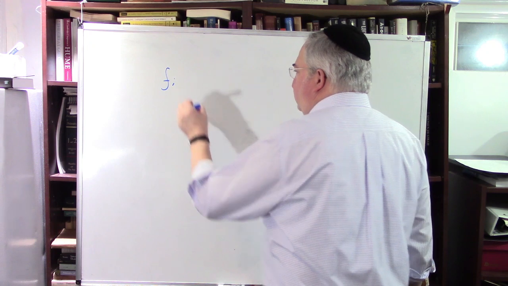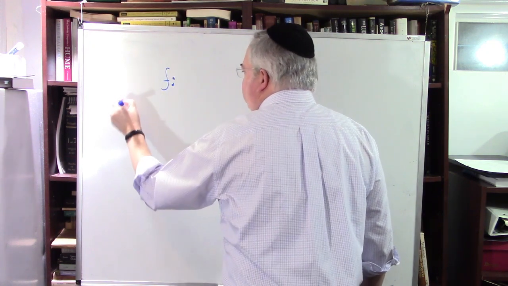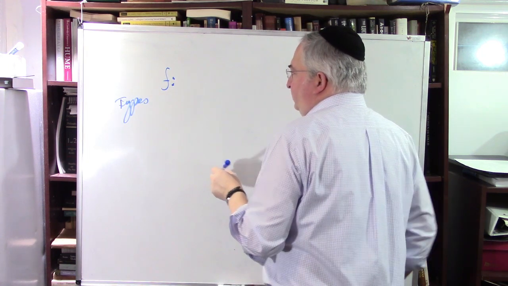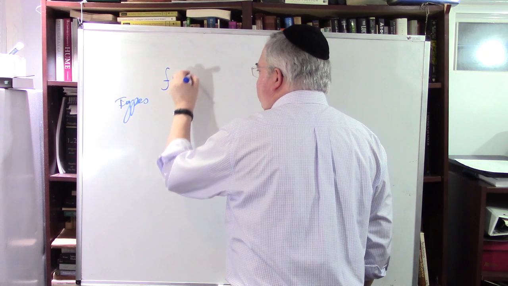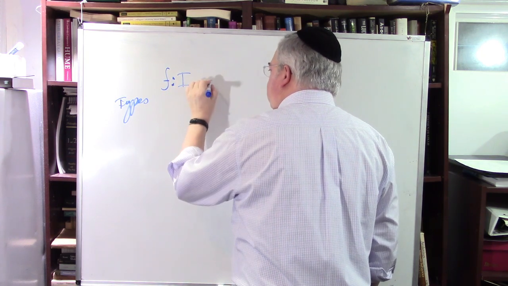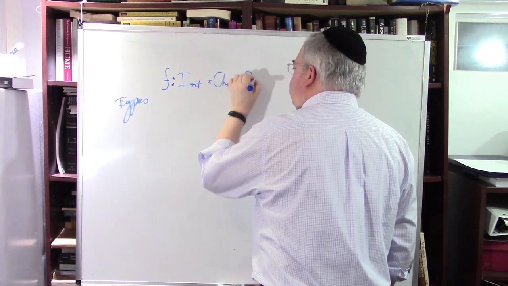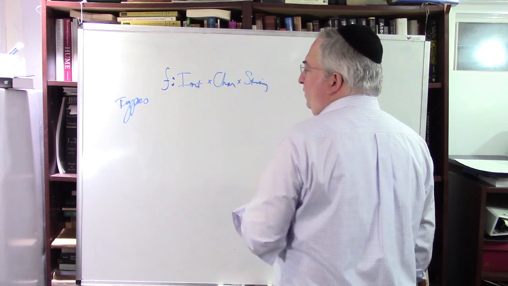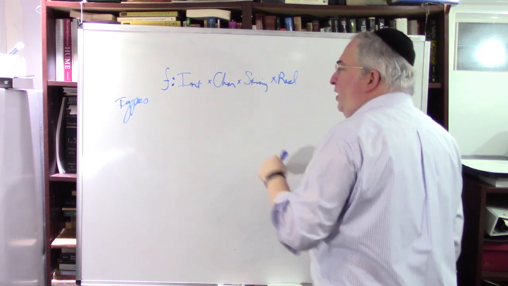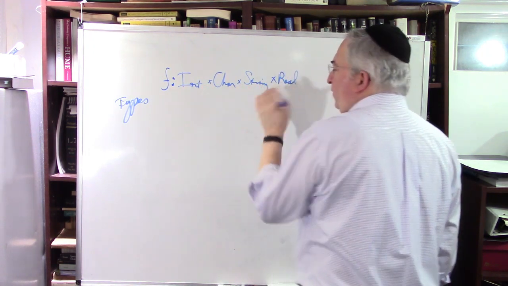The inputs and the outputs are described with things called types. I'm not going to be formal about this, but basically a typical function would take an integer cross a character cross a string, cross a real number. So a typical input might be a whole integer, a character, a string, and a real number.